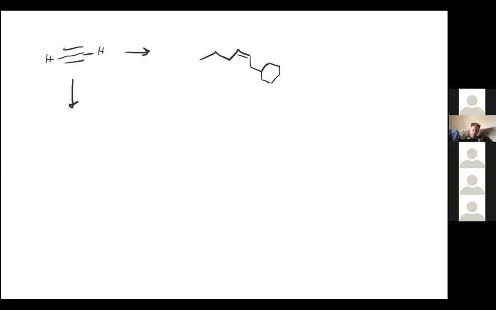I'm just going to do the left first because that's easier for me to think about. So throwing in NaNH2. We've got 3 carbons over here. Which means we're going to need 3 carbons and the leaving group.